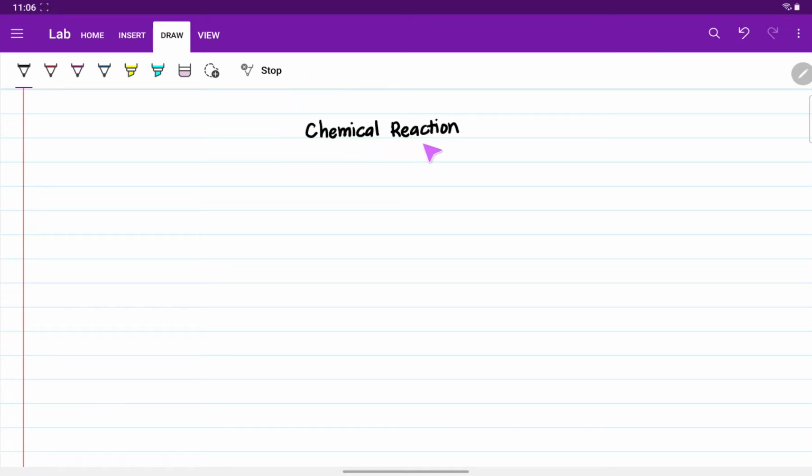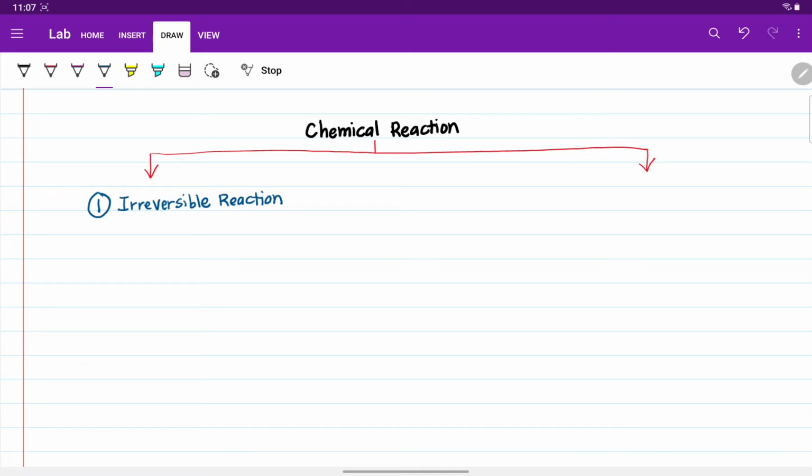First, we're going to talk about chemical reaction. So, bila kita sebut tentang chemical reaction, there are two types of chemical reaction. The first one is irreversible reaction. So, what is an example of an irreversible reaction?